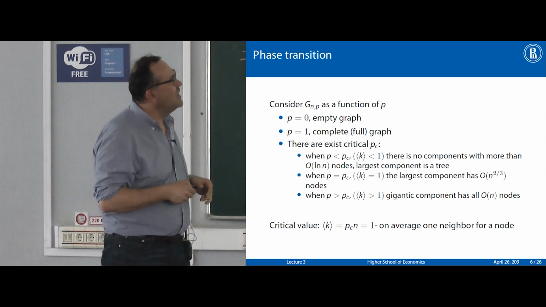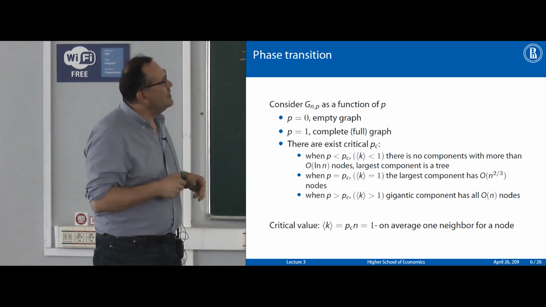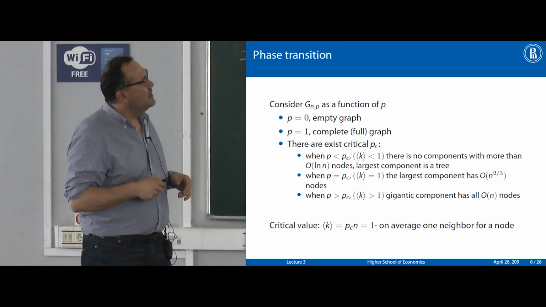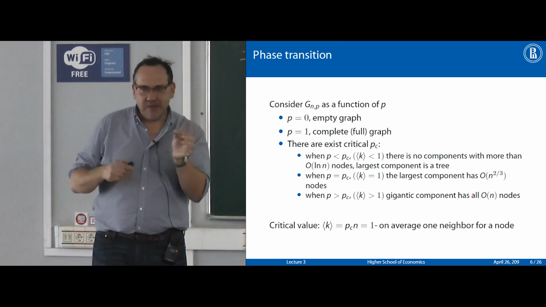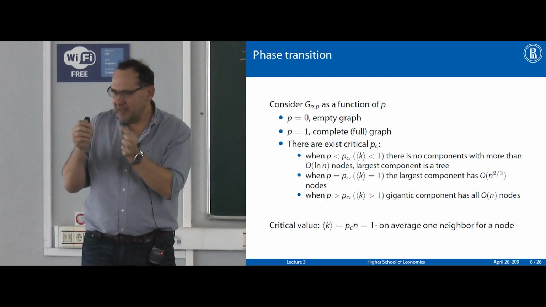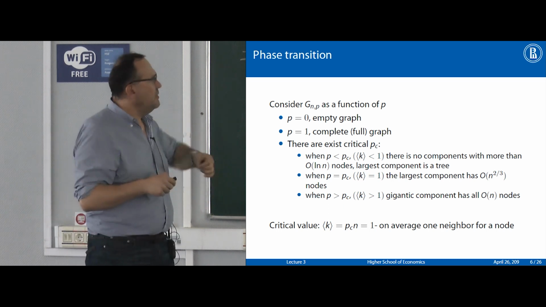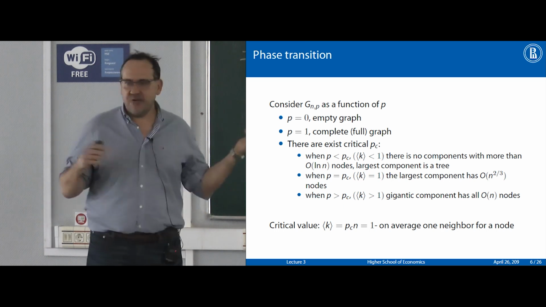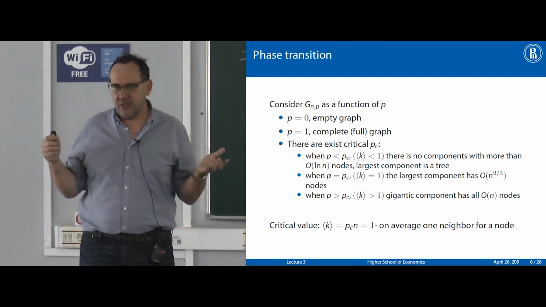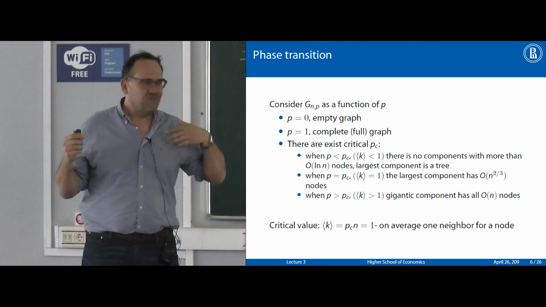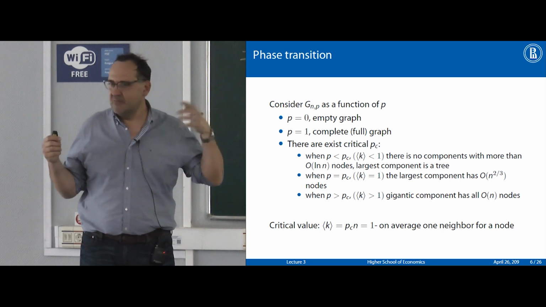Okay. So, as I said, this parameter P, the probability that a connection is formed, is what controls the graph. When P is equal to 0, it's an empty graph. There are no edges at all, right? Because it doesn't matter how many people are in the room, they never connect.